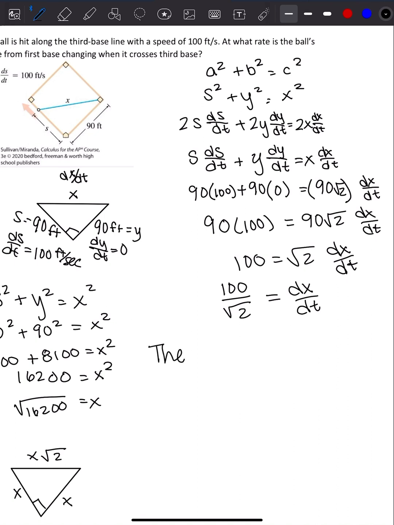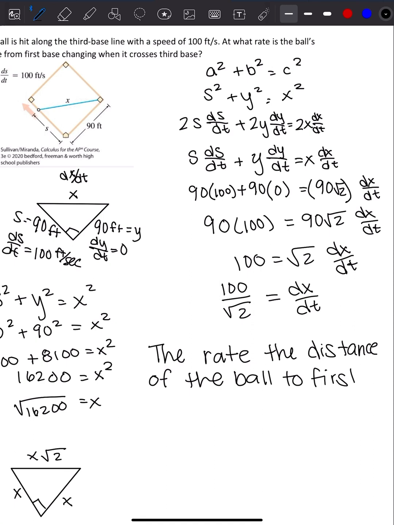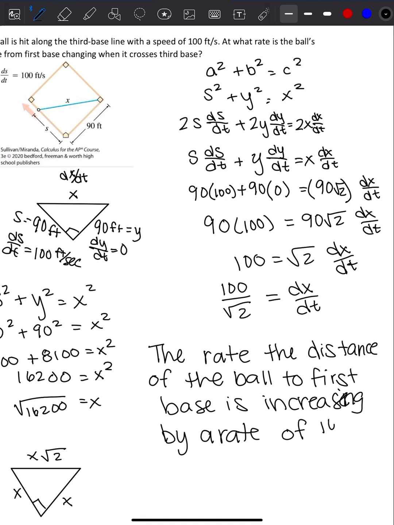So the rate, the distance of the ball to first base is increasing by a rate of 100 over the square root of 2.